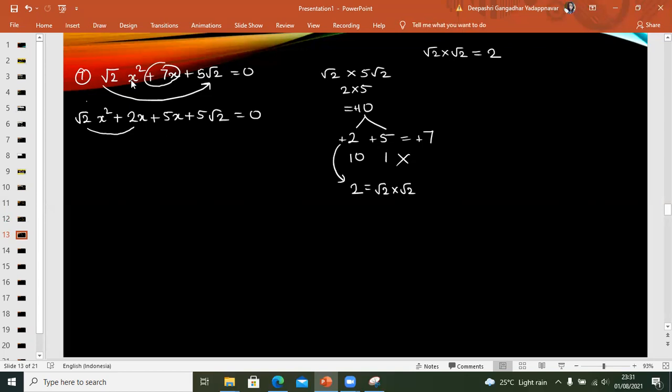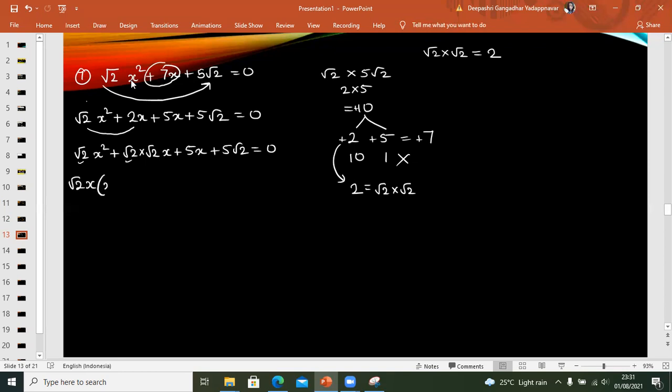What I will do here, I will just write this root 2 x square, in place of 2x, I will write it as root 2 multiply root 2 x plus 5x plus 5 root 2 equal 0. Now it is easy for me to remove root 2 common out because this root 2 can go out and x also can be removed out.